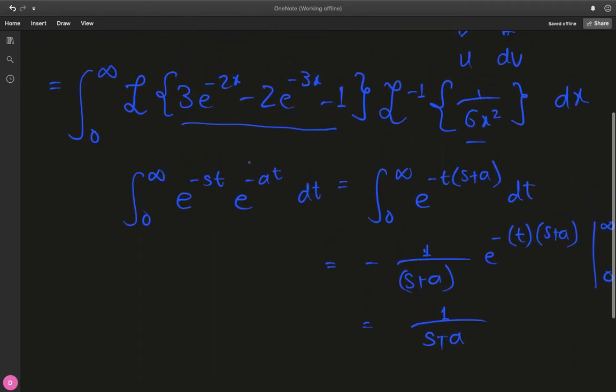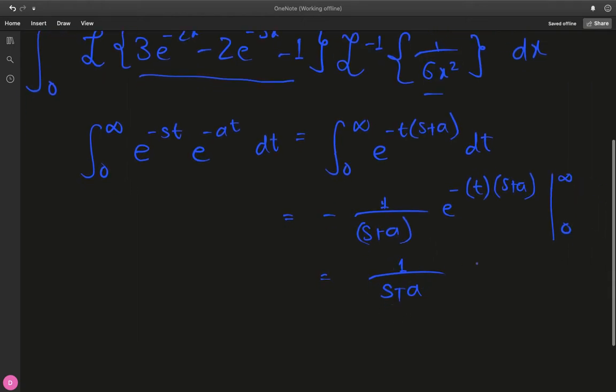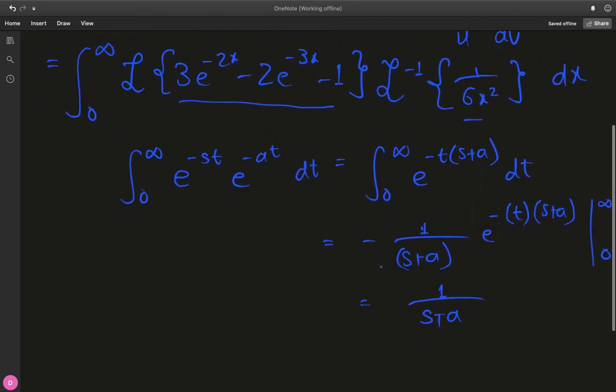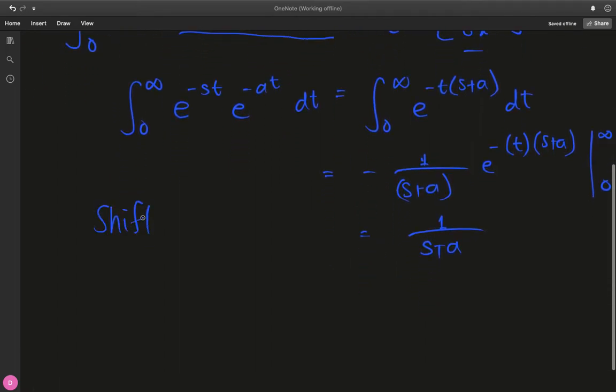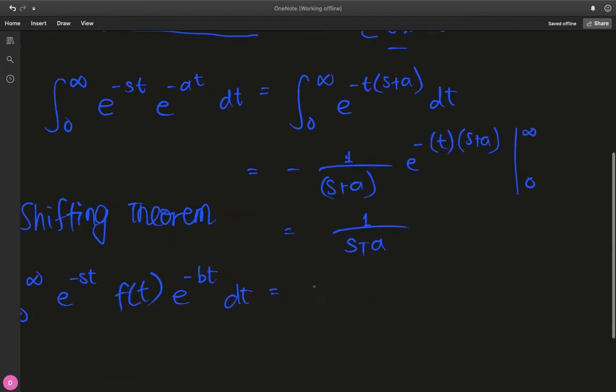So if you have a negative constant, in this case negative 2, this will just be the final variable plus that constant. And in general this is called the shifting theorem, because if you have some function f of t and you take the Laplace transform of f of t multiplied with some exponential factor, say e raised to negative bt dt, this is nothing but the Laplace transform of basically f of t, and then you shift it.